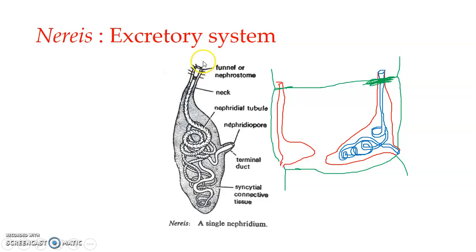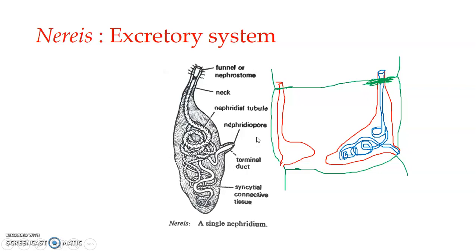The nephrostome collects the dead or dying cells, destroyed foreign bodies or dying corpuscles from the coelom of the adjacent anterior segment, while the body of the nephridia, being closely associated with capillaries, receives the waste materials from the blood, which get transported into the nephridial tubule and then passed out through the nephridiopore. This is what happens.